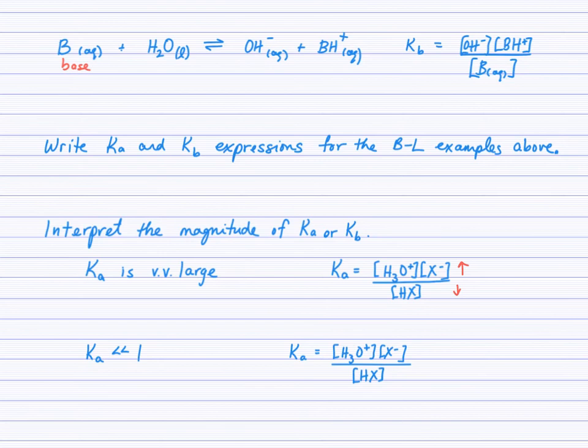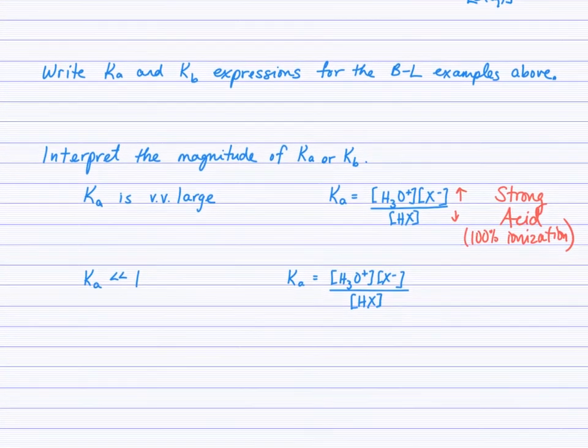And so in fact, when Ka is very, very large, this acid is a strong acid. So the idea of 100% ionization. So we'll be visiting acid-base strength in the next lesson, or coming up soon.